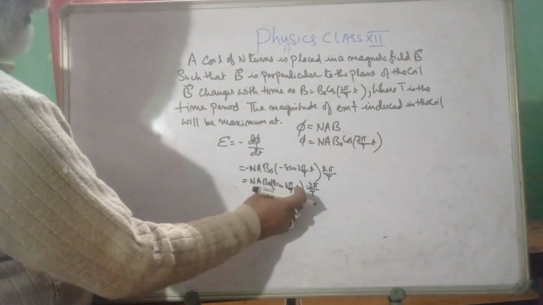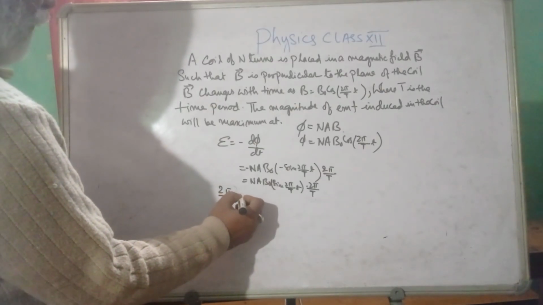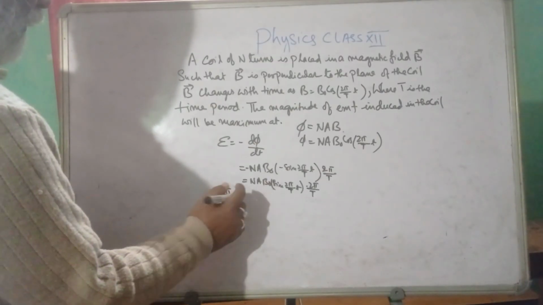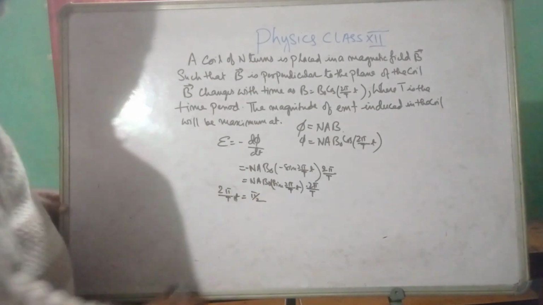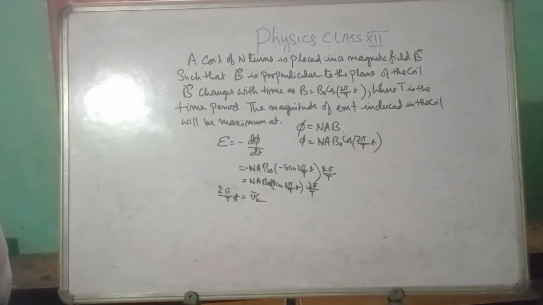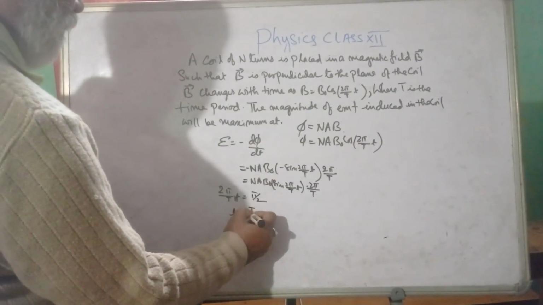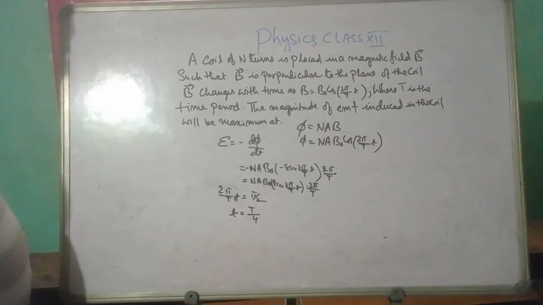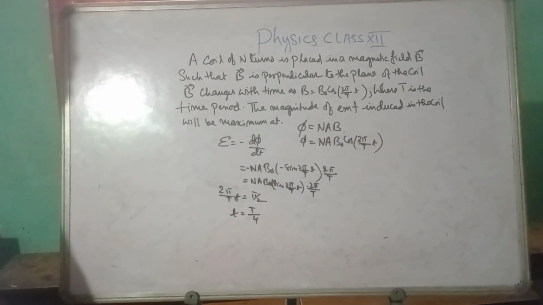That means this angle must be 90 degrees. 2 pi by T into t will be equal to pi by 2. So here pi cancels out, so t will be T by 4. So it will be maximum at t equal to T by 4.